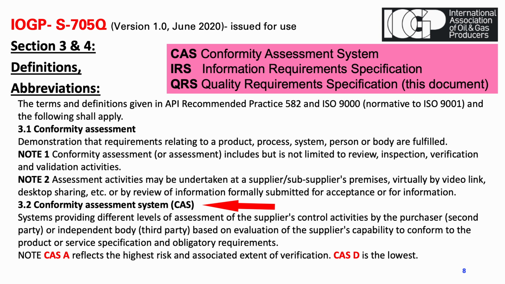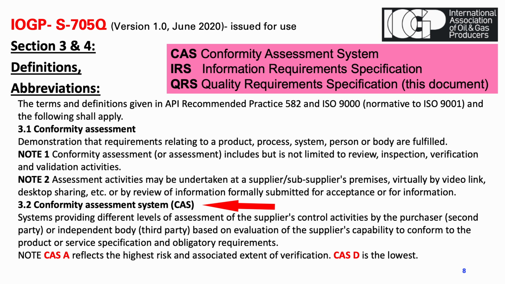Note: CAS reflects the highest risk and associated extent of verification. CAS-A reflects the highest risk and associated extent of verification, whereas CAS-D is the lowest. So A, B, C, D: A is the highest risk involved and D is the lowest risk involved.